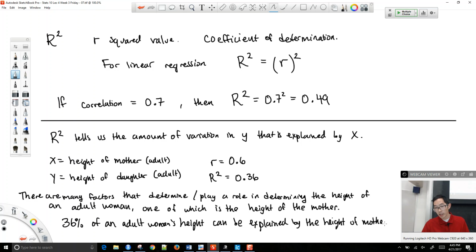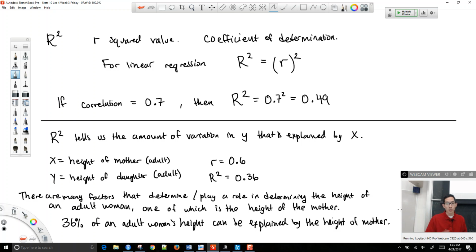And that means the other 64% has to be explained by other things, environmental, other genetic, other factors that go into determining the height of somebody. And again, this is not a cause and effect relationship.